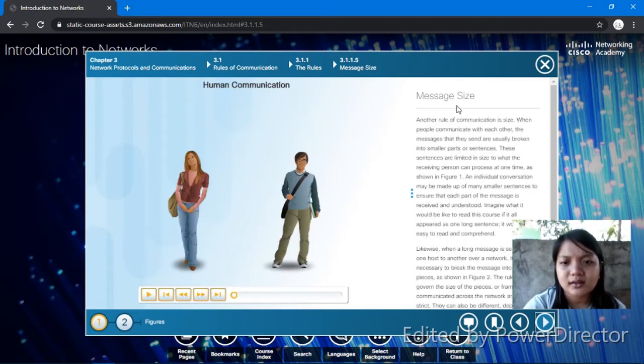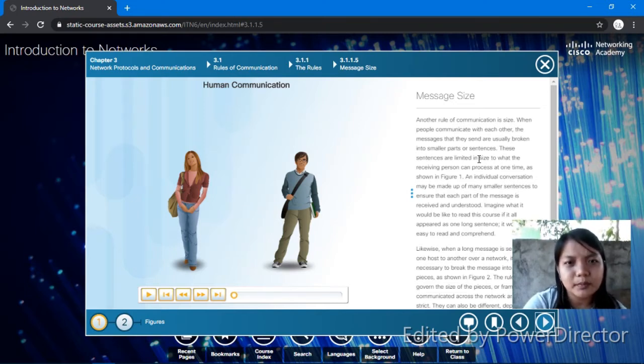Message size. Another rule of communication is the size. When people communicate with each other, the messages that they say are usually broken into smaller pieces or sentences. When we are talking to someone and giving information, we don't say it all at once, so that the receiver can understand it.